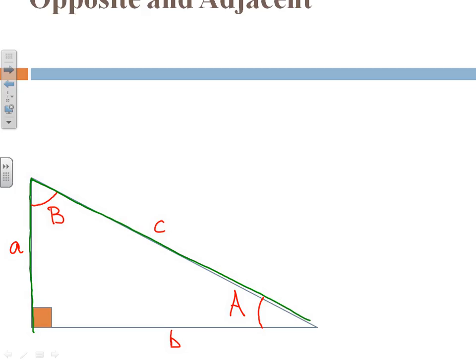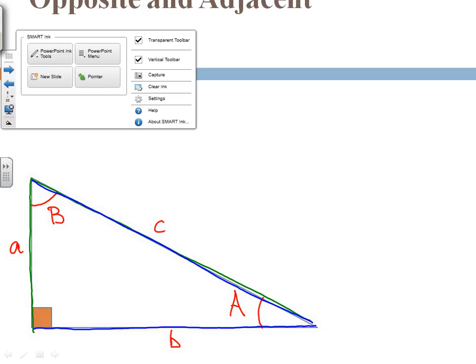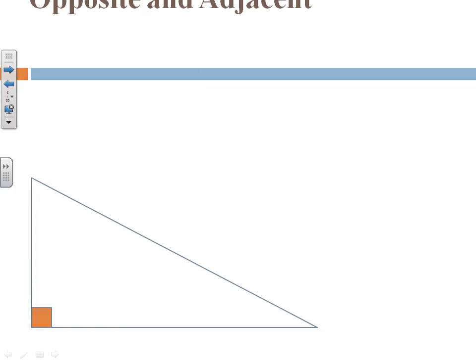Angle A is made up of sides b and c. Those are some of the things that we're going to use to help us understand what the words opposite and adjacent mean. So I'm going to clear this real quickly and start from scratch. So A, B, C, B, and A, just like that, always in the same order so that we don't get these things mixed up.